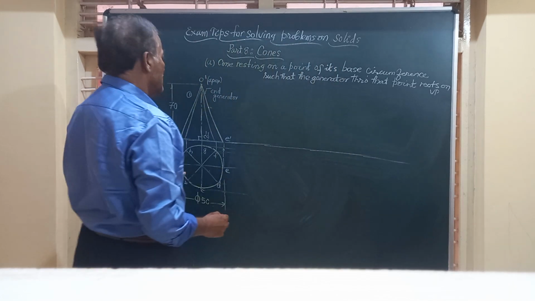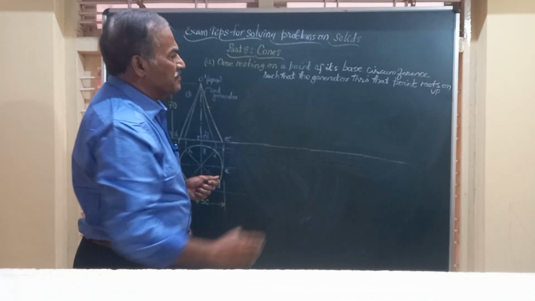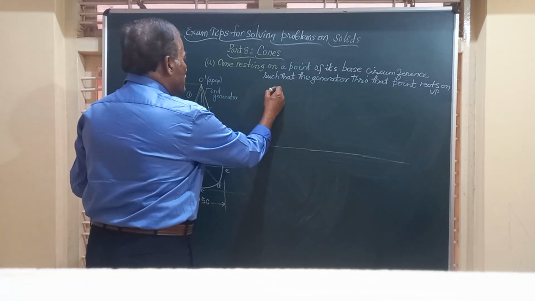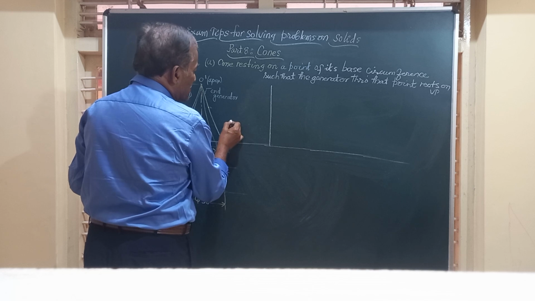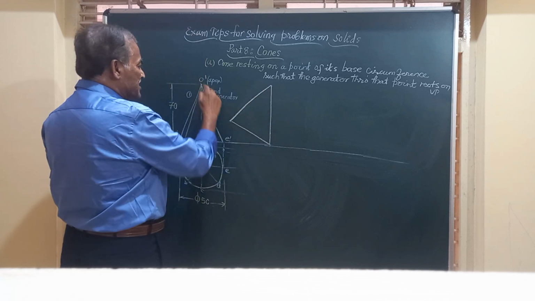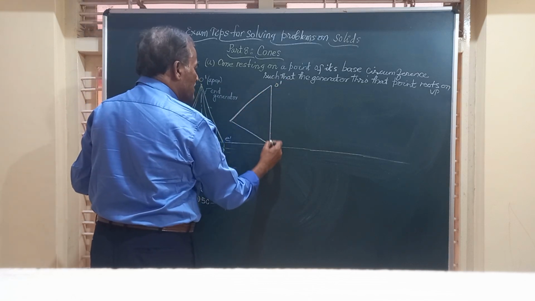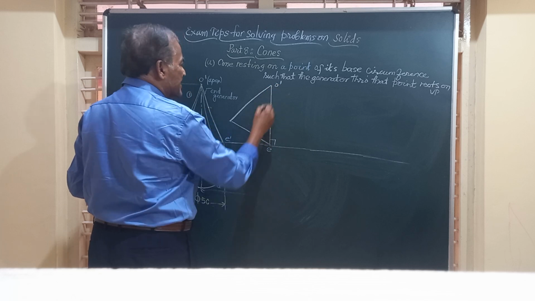And friends, to make this end generator touch VP, what is to be done? I am going to redraw this figure as it is, with that particular end generator O dash E dash perpendicular to HP. This makes an angle of 90 degrees.